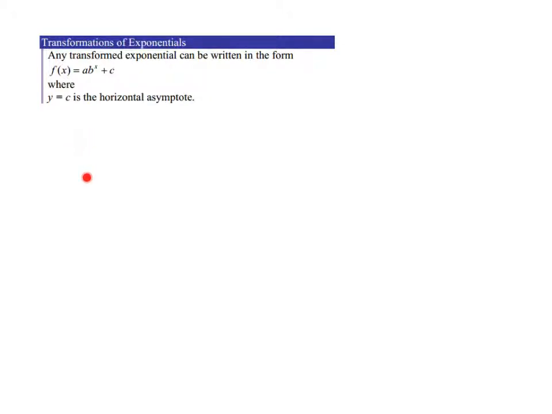Okay, so I guess we can talk about long-run behavior. If I had y equals 2 times 3 to the x plus 4, that tells me I've got an exponential function that's been shifted up 4, it's been stretched 2, and the base is 3. It acts like 3 to the x, only it's been transformed.